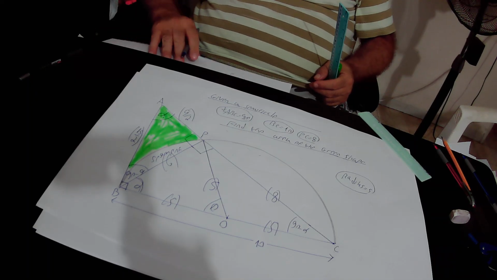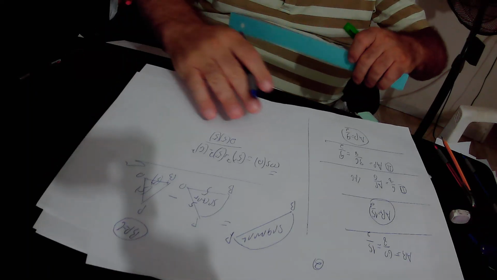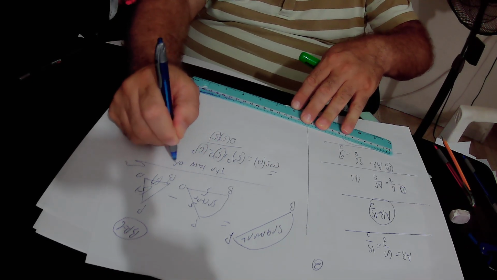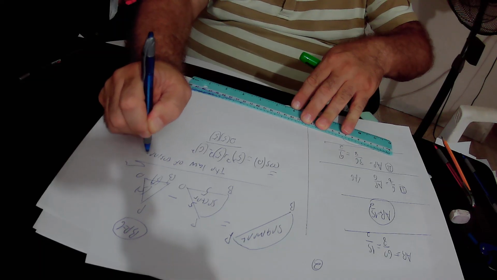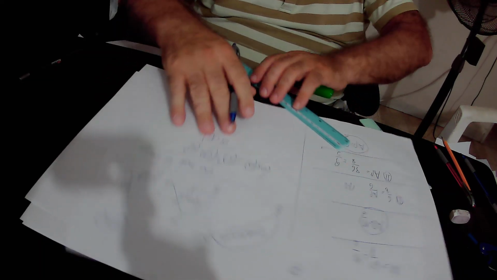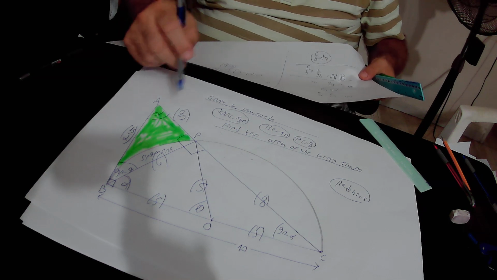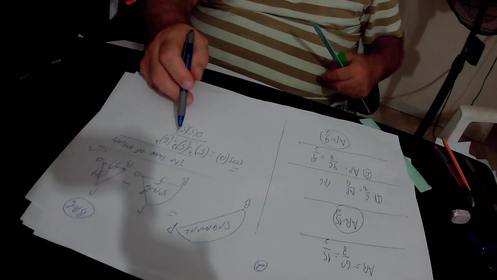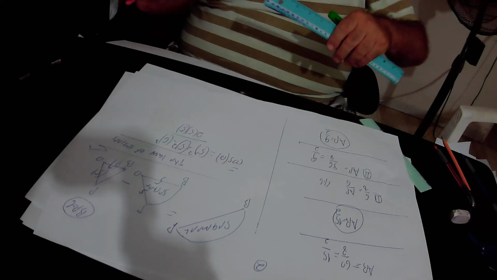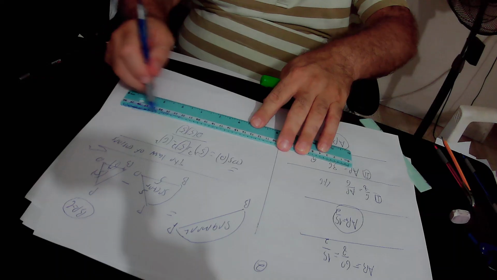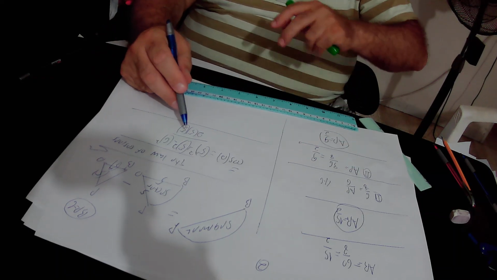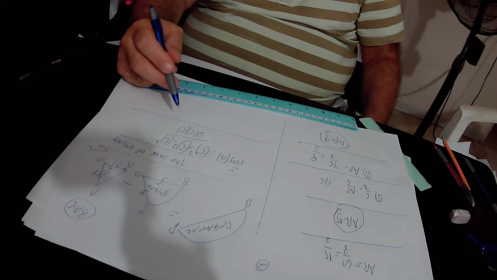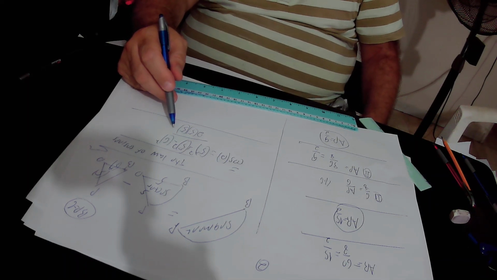Again, according to the law of cosines, in triangle PBO, the following equation is true: cosine theta equals 5 squared plus 5 squared minus 6 squared over 2 times 5 times 5. 5 squared is 25, so 25 plus 25 is 50, minus 6 squared, which is 36.